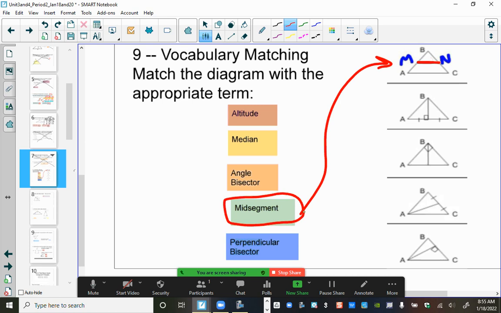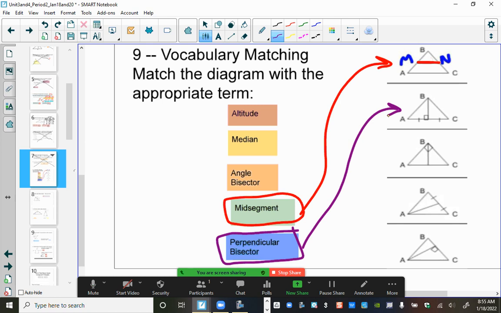The next couple are going to be tricky. They can be confusing because they're both similar, but they're going to be a little different in the end. And I'll tell you why. Perpendicular bisector.